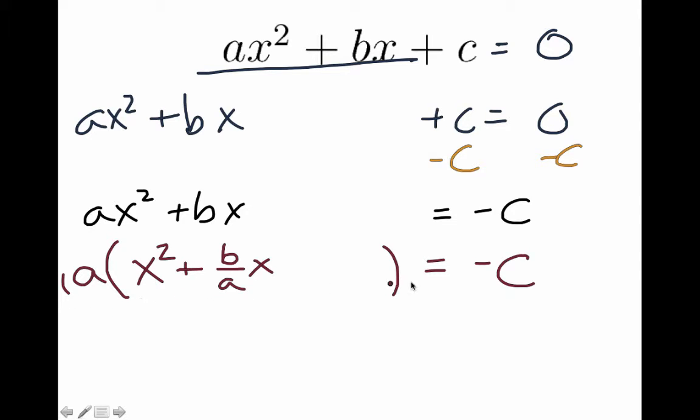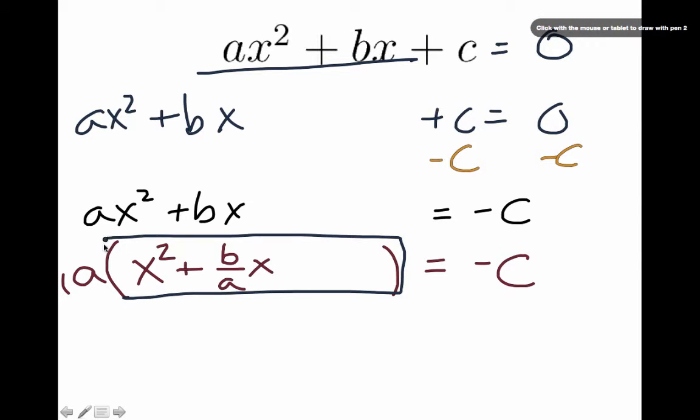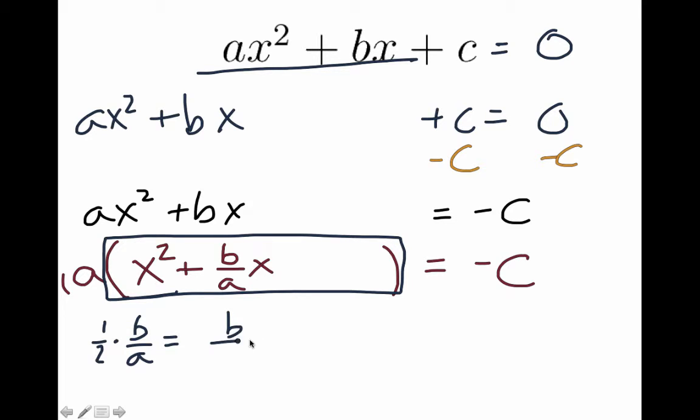Good? All right. Now, inside this parenthesis, we are going to complete the square. The way you complete the square is you take half of this number. What is half of that number? Well, it's 1/2 times b over a, which equals b over 2a.